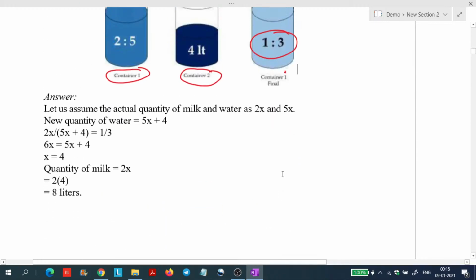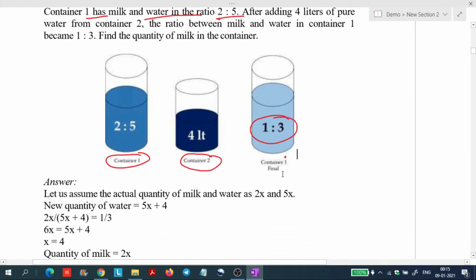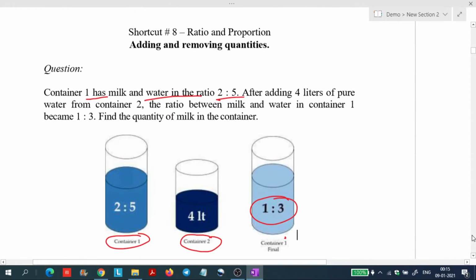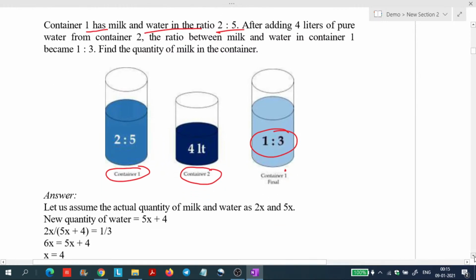Okay, so let us assume the actual quantity of the milk and water. In the ratio, milk is 2 and water is 5, so 2 is to 5, that is 2x and 5x. The actual quantity of milk and water is in the ratio of 2 is to 5.